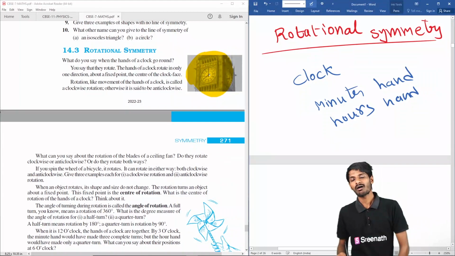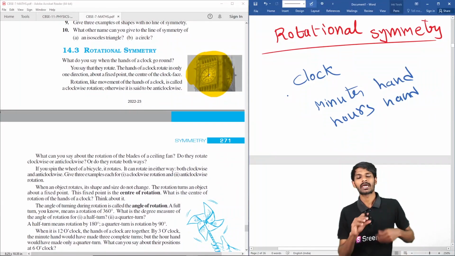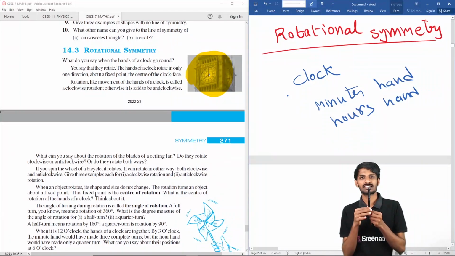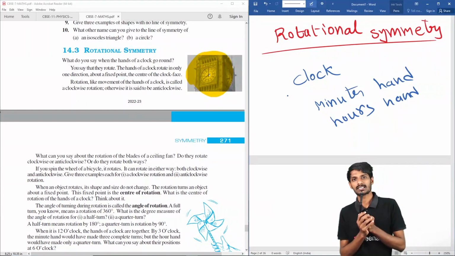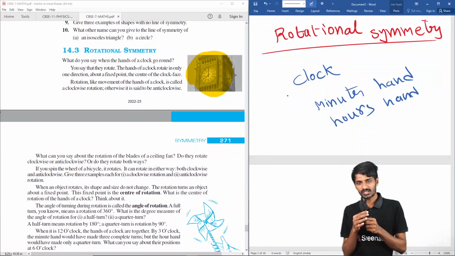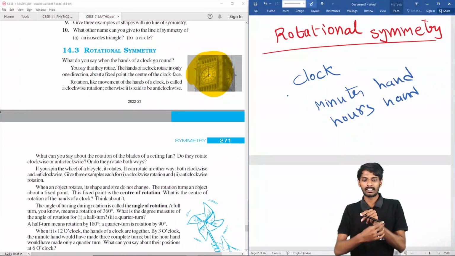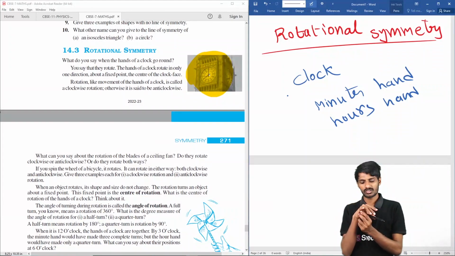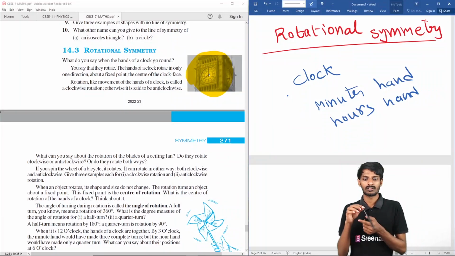If you look at the hours hand or the minutes hand, how they move, they are moving around a particular fixed point. There is a point that is the center of the clock. Around that fixed point, it is rotating.